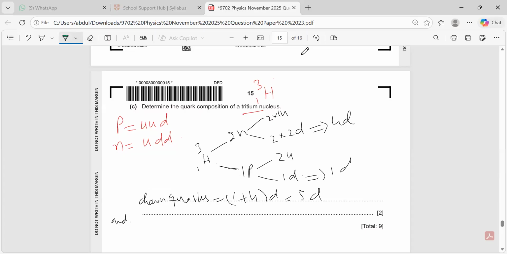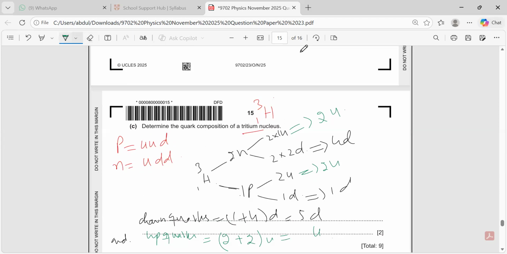See, up quarks are there. Here there are 2 up, and here there are also 2 up. So up quarks are 2 plus 2, 4 up quarks. That is very simple. Okay.